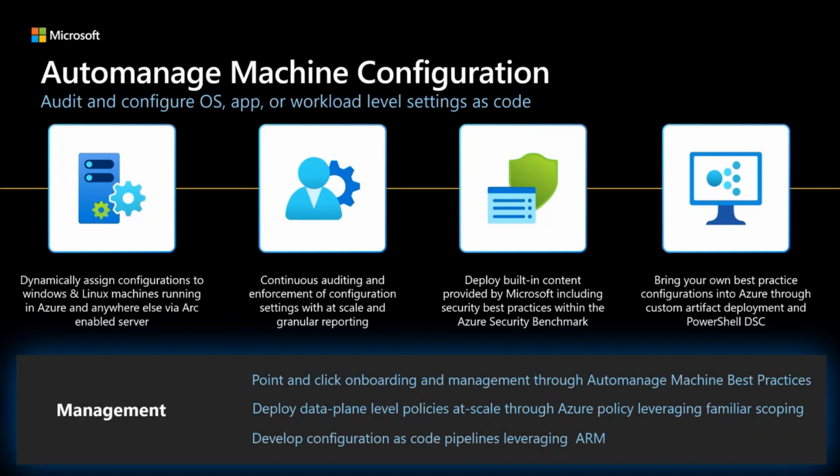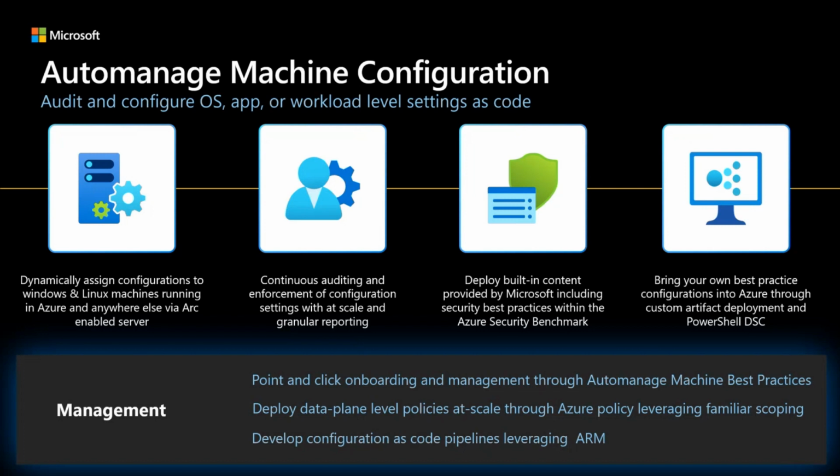And just like it sounds, this is going to allow you to use Azure Policy to reach within those operating systems on your servers, whether they're in Azure natively or with Azure Arc, to either audit or set configurations, to enable and disable features within the OS, and to enforce any security requirements that you have.